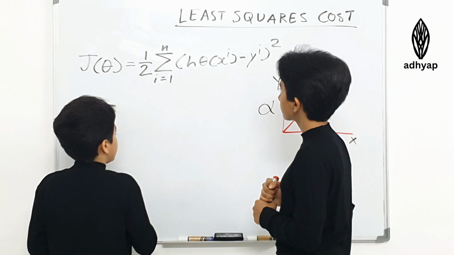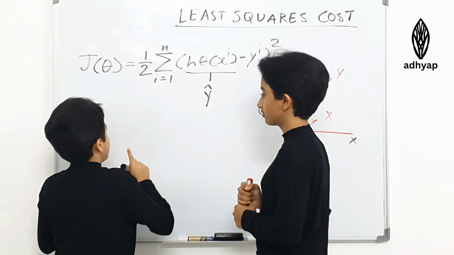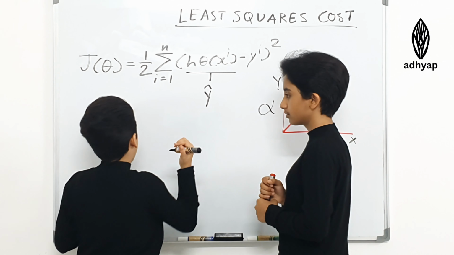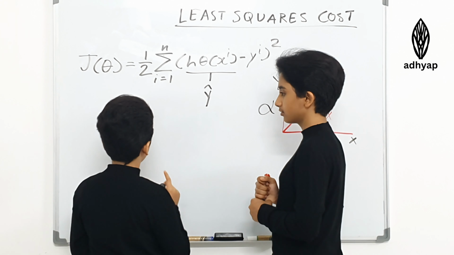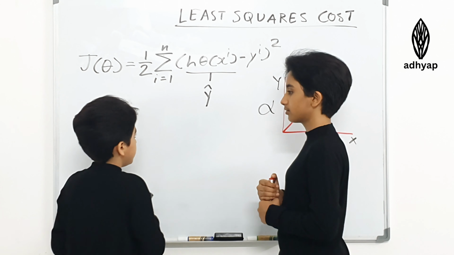And you may be thinking, we're using the hypothesis function here, and what is this? Actually, this can also be written as y hat. Now I suppose it's easy. Actually, the hypothesis function is also known as y hat because it makes the output prediction, right?